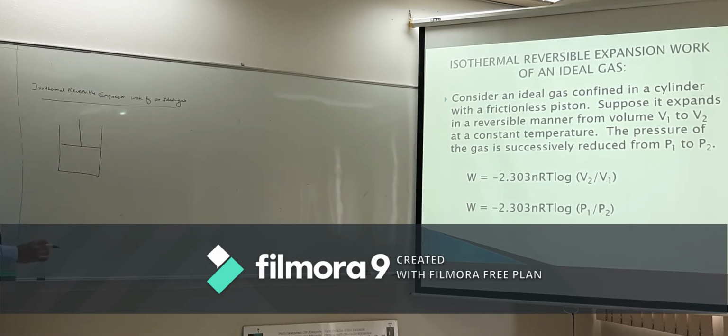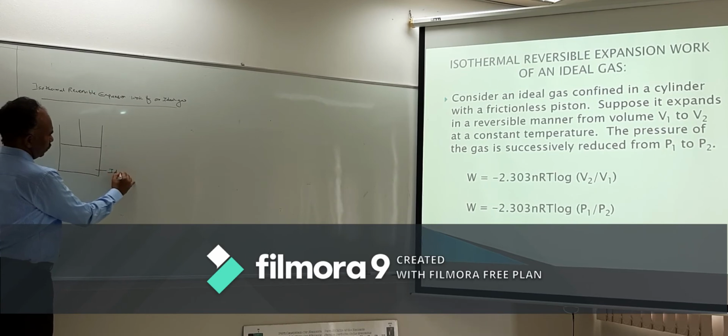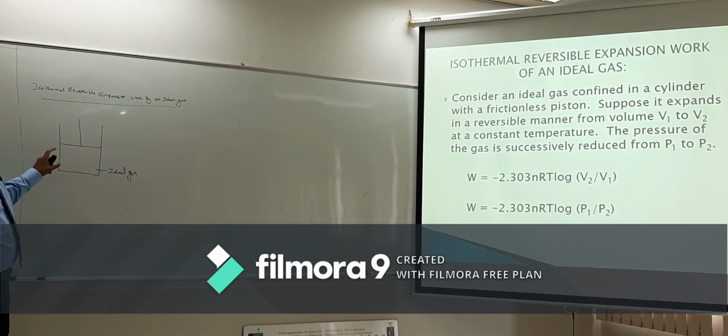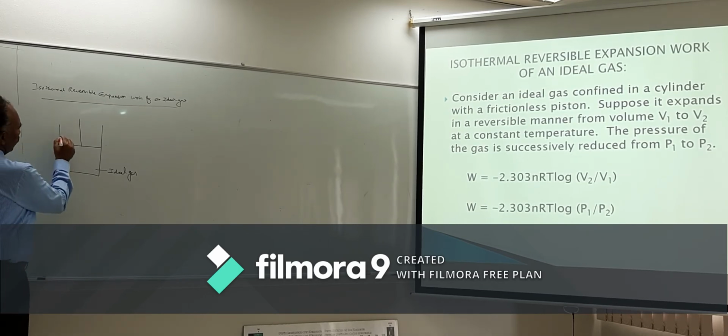Consider an ideal gas confined in a cylinder with a frictionless piston. Suppose it expands reversibly from a volume V1 to V2.